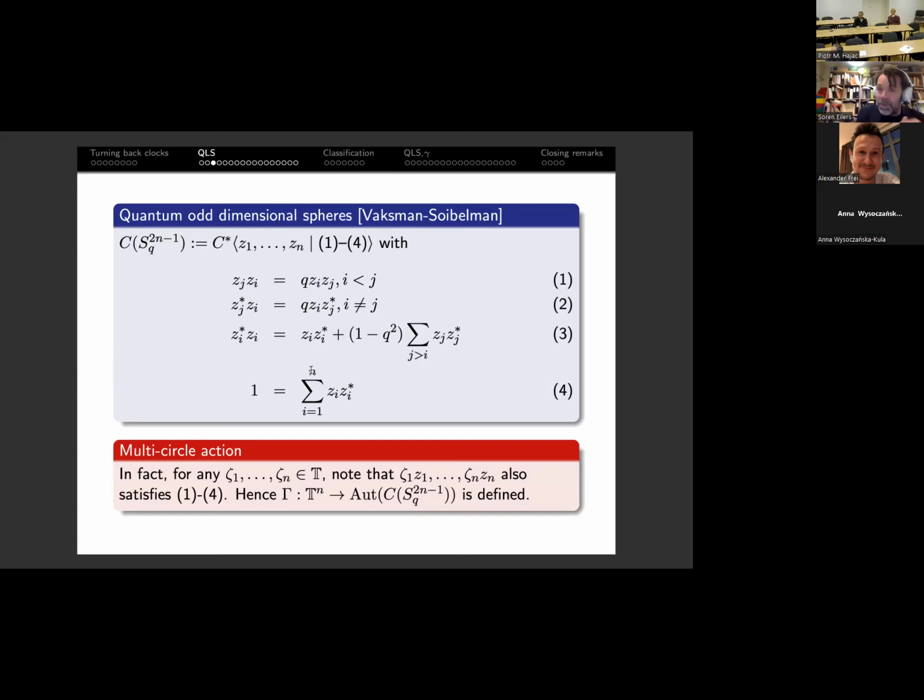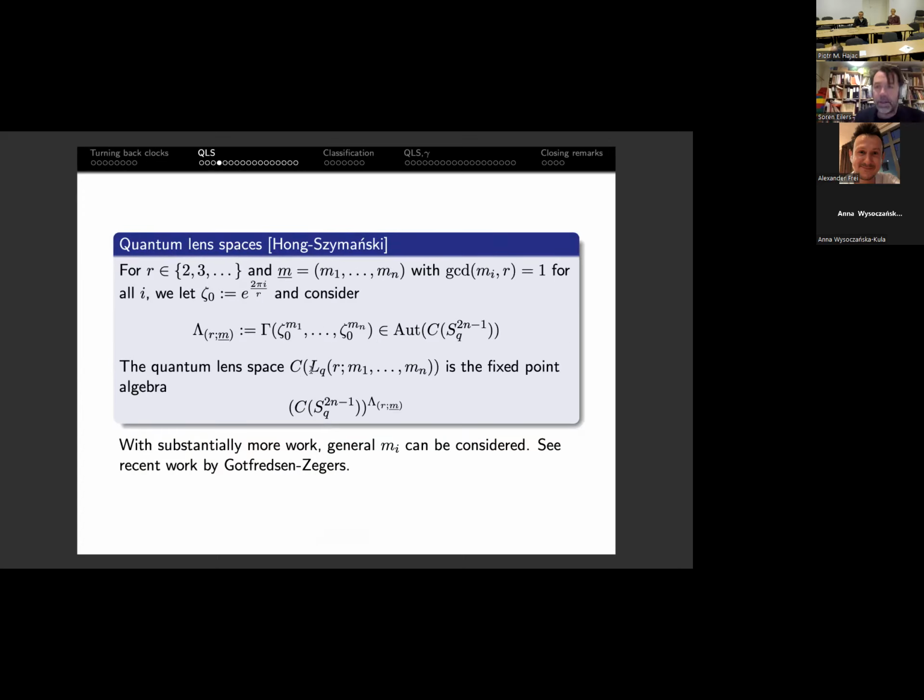You take some coefficients. One is called R, and it's a number which is 2 or more. And then you have a number of secondary coefficients. They're called M1 up to Mn. They have to be prime to R for technical reasons.